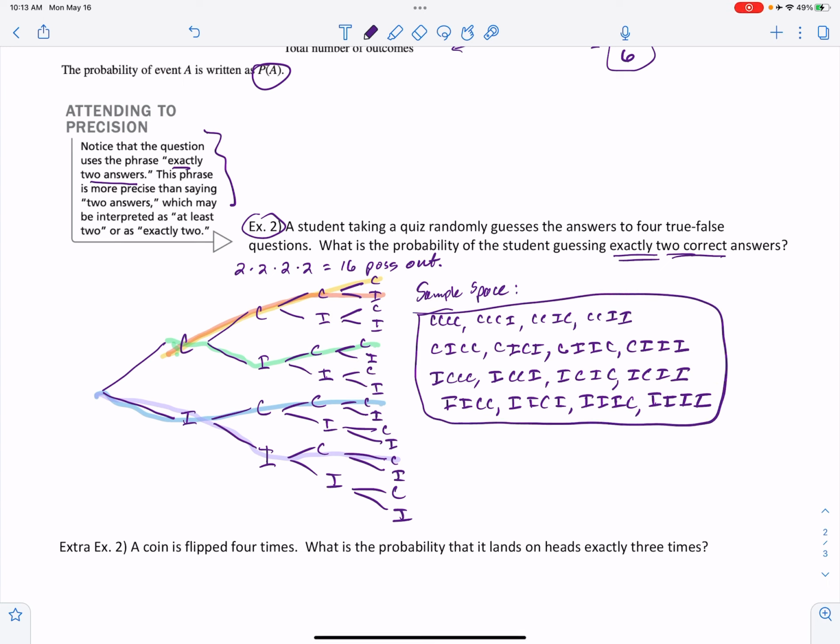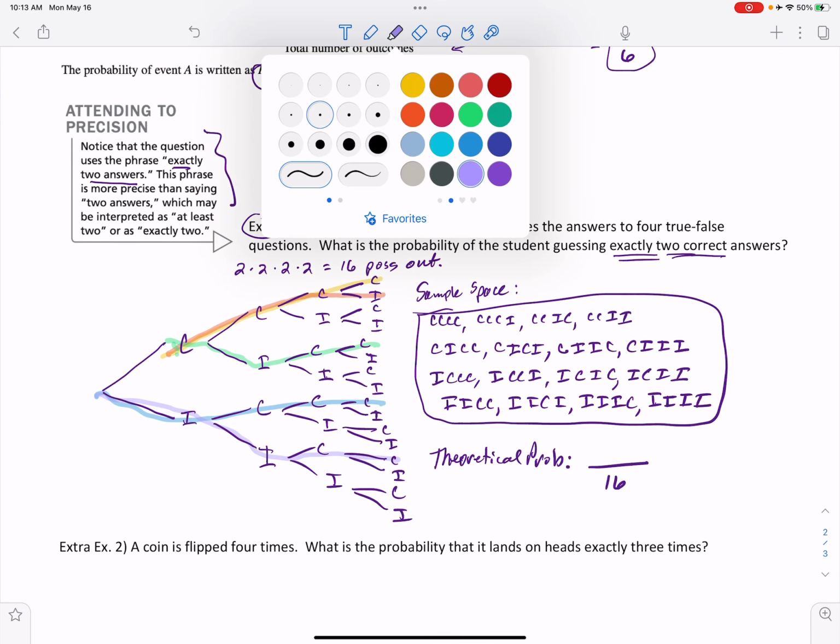So what's the probability of getting exactly 2 correct answers? And this is my theoretical probability. I have to look through this, and I know there's a total of 16, but how many of them have exactly 2 correct?